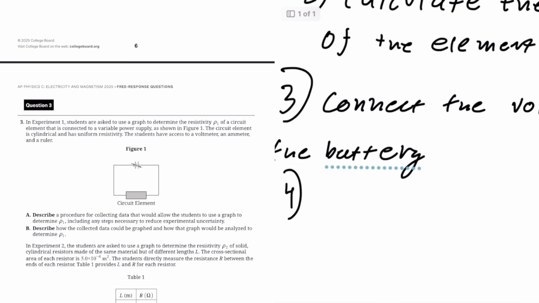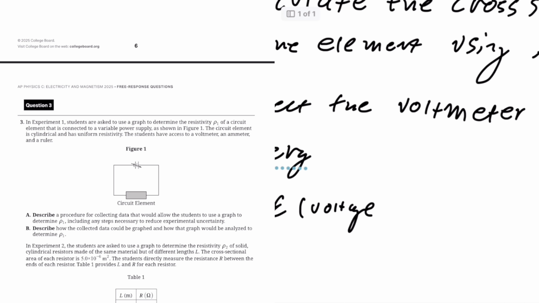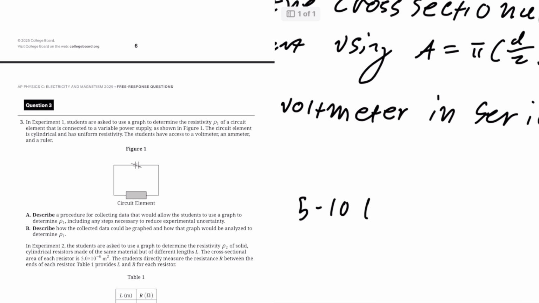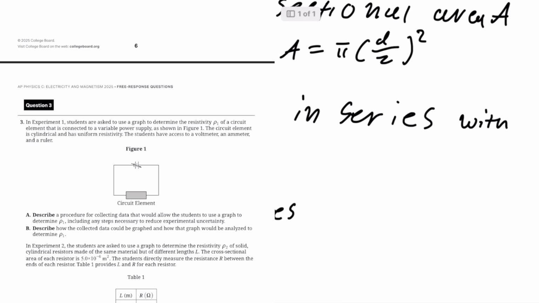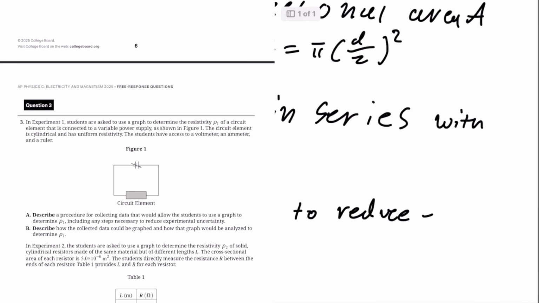So now, vary this voltage 5 to 10 times. This is for less error, 5 to 10 times to reduce error. And you could say other stuff to reduce error.